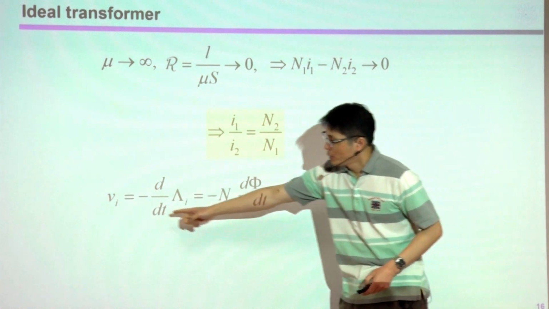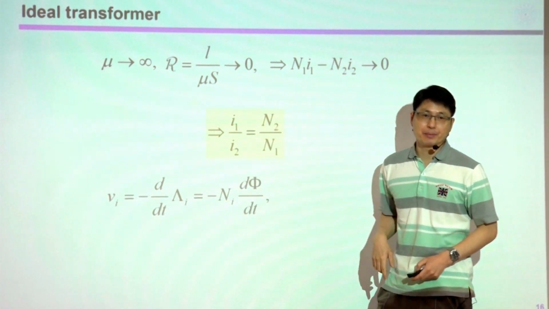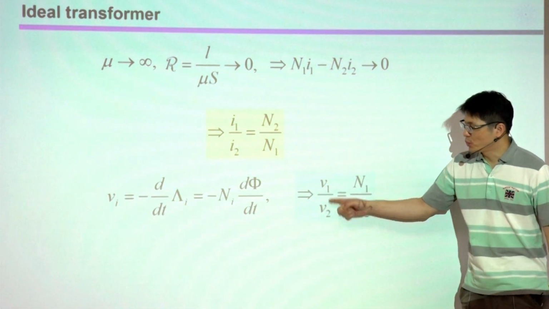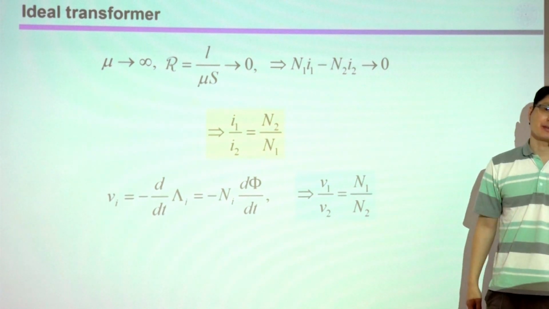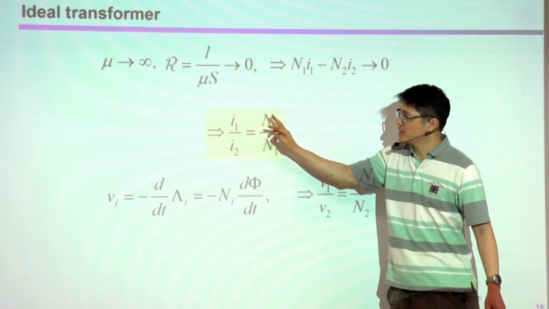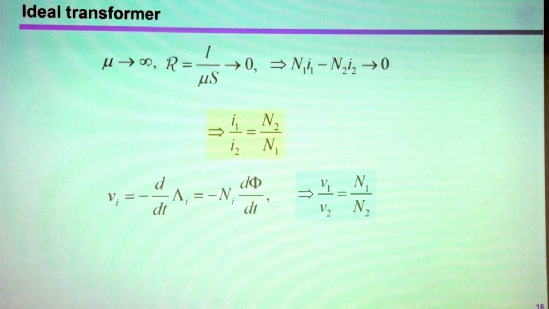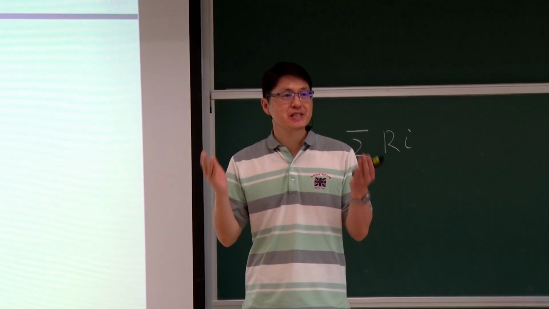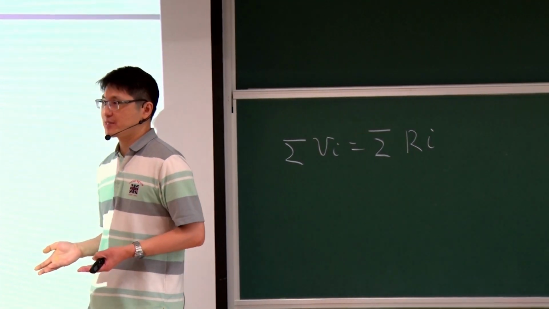In this case, your voltage is proportional to the winding number, and therefore this is what you remembered. The voltage ratio is proportional to the winding number, right? But the current is inversely proportional to the winding number. You don't really have to memorize anything once you understand how a magnetic circuitry works, right?